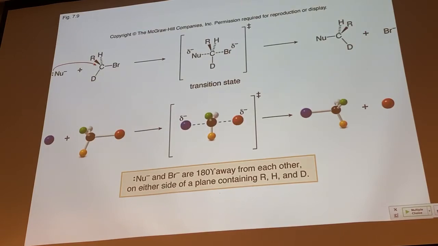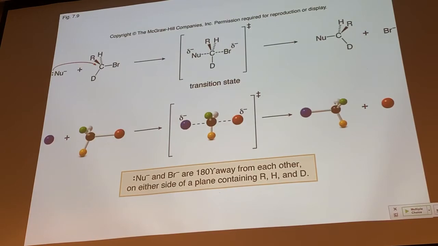So the inversion process involves the nucleophile approaching from the backside of the carbon relative to the leaving group, combined with the position of those 3 groups flipping, kind of the same way that an umbrella will invert in a windstorm. The position of those 3 groups on the carbon will invert during the substitution process. Okay?